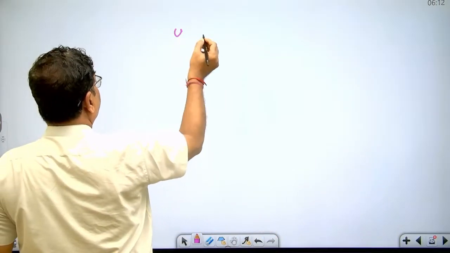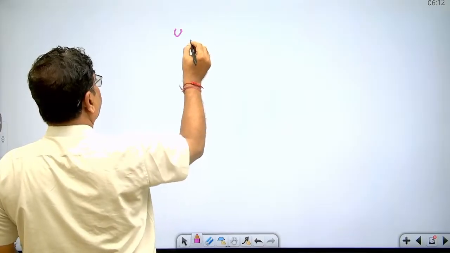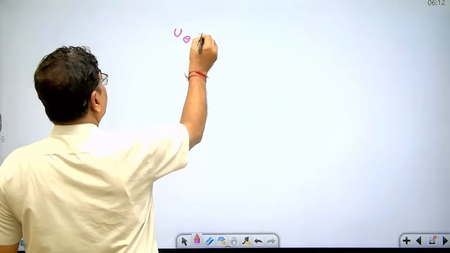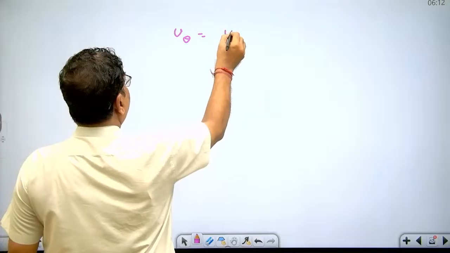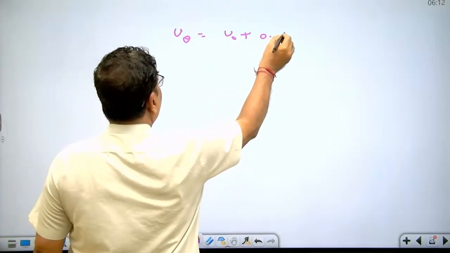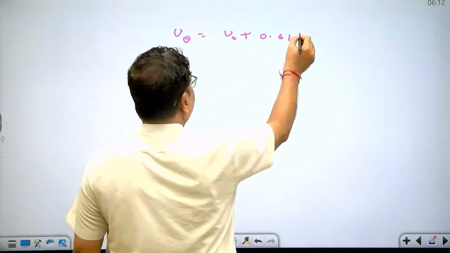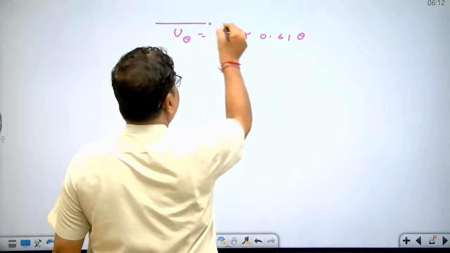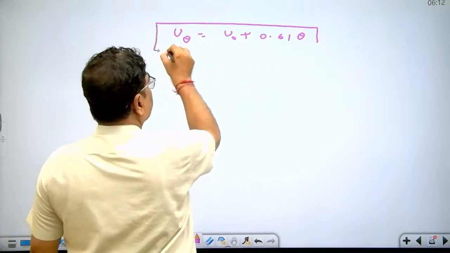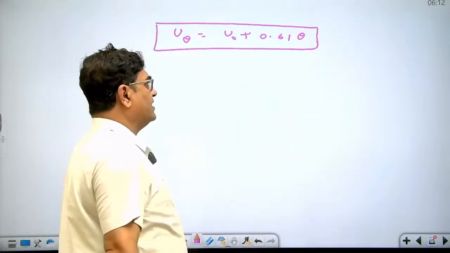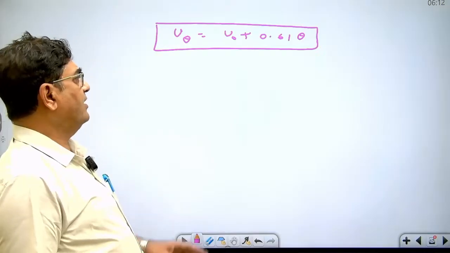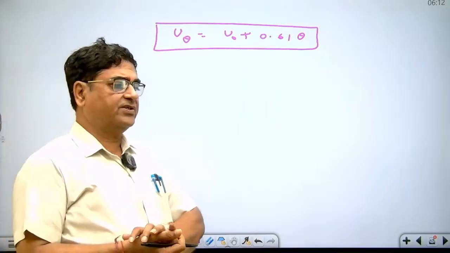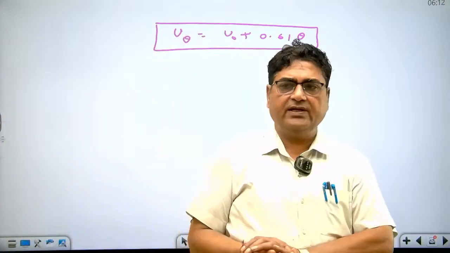speed of sound at 0 degree centigrade is approximately 332 meter per second. So speed of sound at theta degree centigrade will be approximately given by this formula. You will be using this formula, where theta is the change in temperature, okay? This formula is valid when temperature change is very small, not more than 10 degrees centigrade.